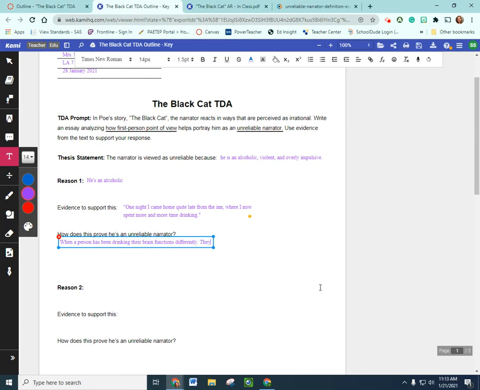They may not act like themselves, or view things as a sober person would. They don't view things clearly.